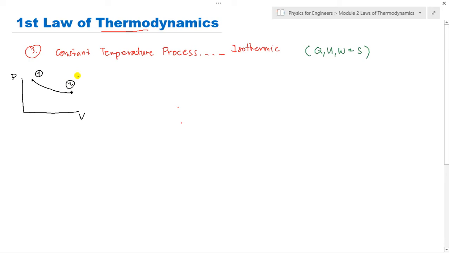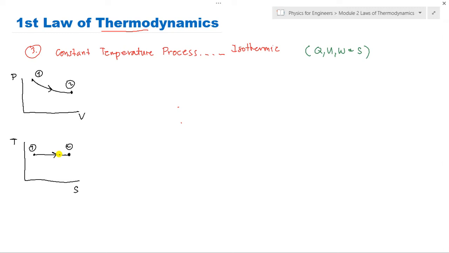And another graph is the TS, meaning temperature versus entropy. Here we see a straight line, because for an isothermal process it is a horizontal line, meaning the temperature is constant, from point 1 to point 2. So that is the representation in the two diagrams.